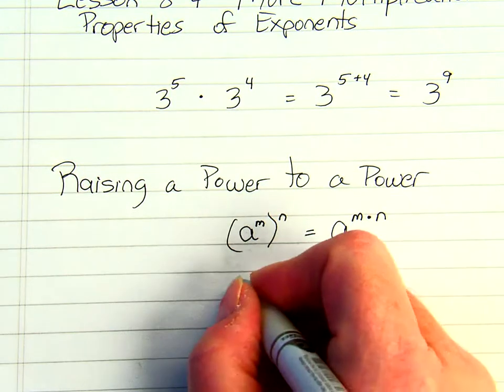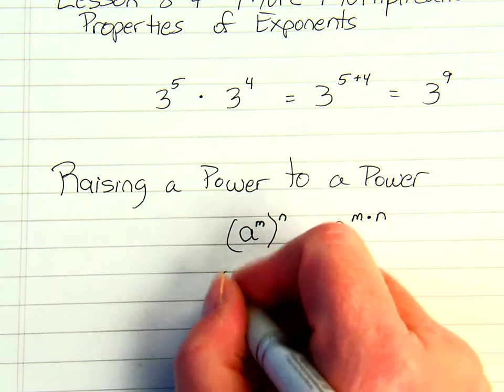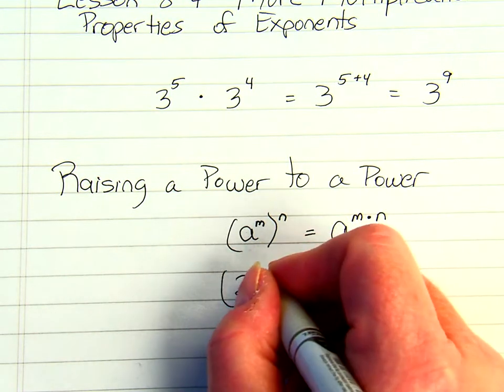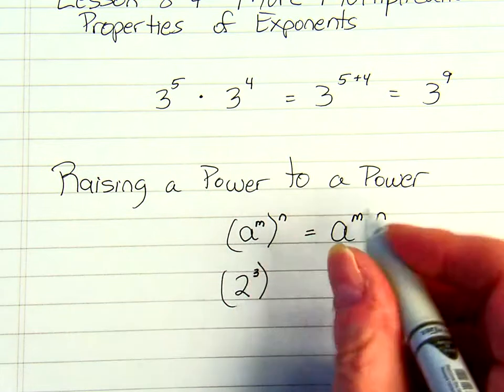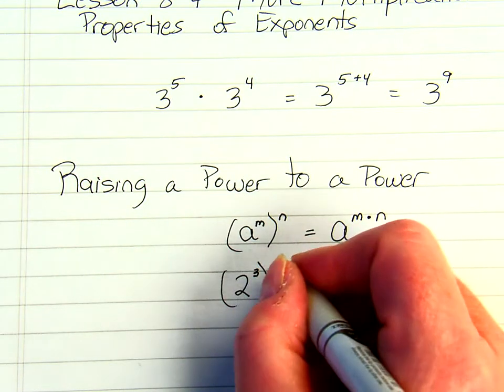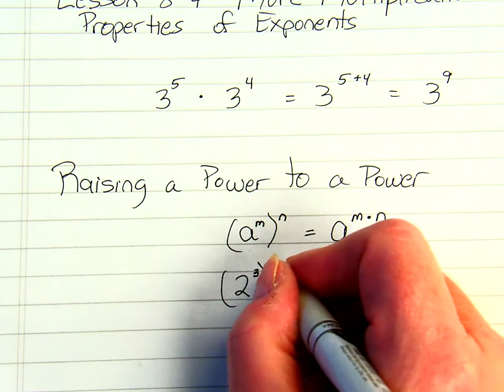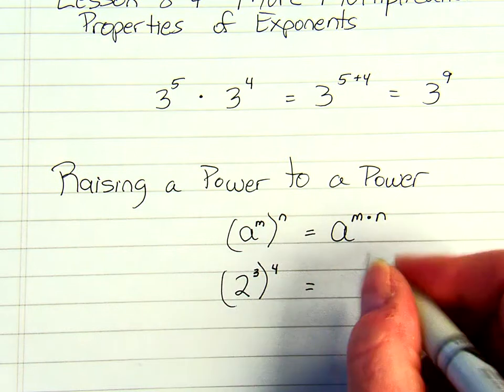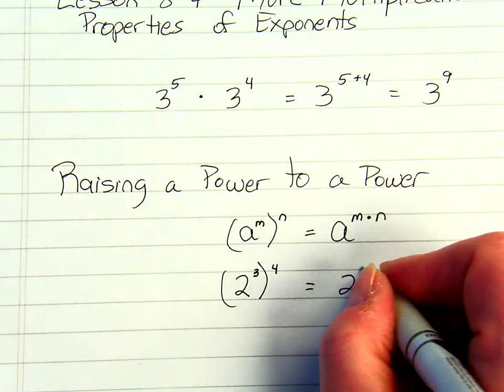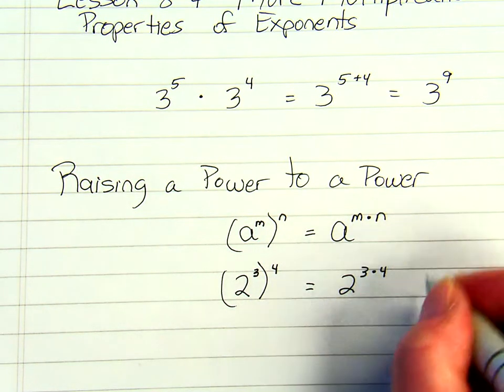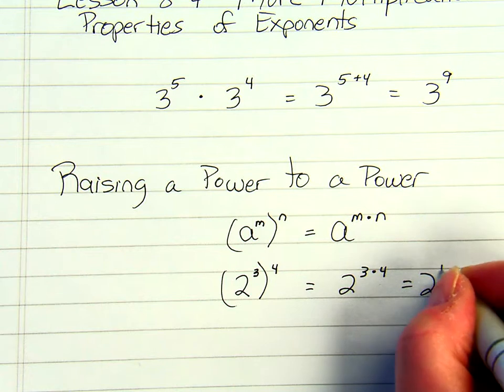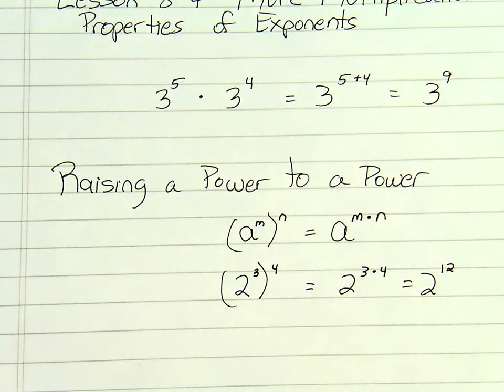Let's take an easy 2 to the 3rd power, and raise that to the 4th power. So this becomes 2 to the 3 times 4, which is equal to 2 to the power of 12. So when we raise a power to a power, we are actually multiplying those exponents.